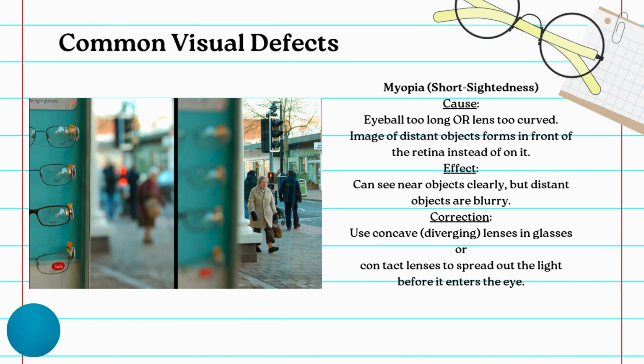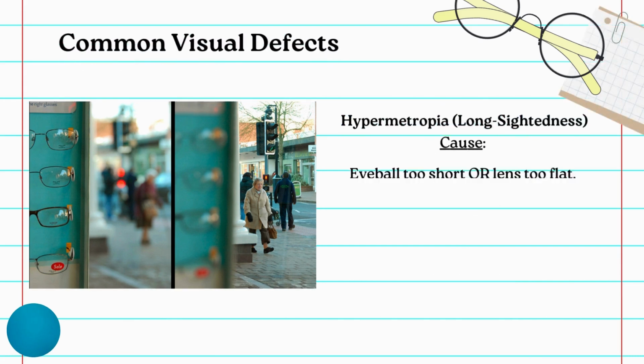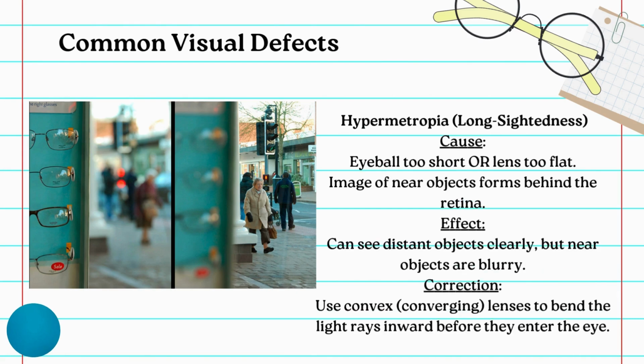To correct this, you need concave lenses in your glasses or contact lenses to spread out the light properly before it gets into your eye, so that it will hit the retina on the right spot.